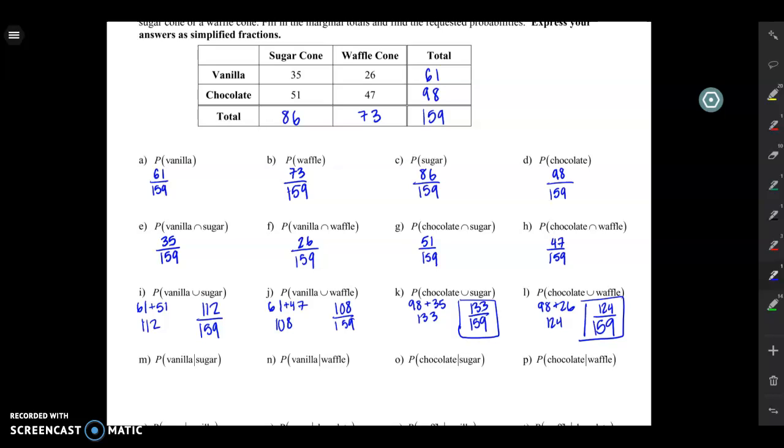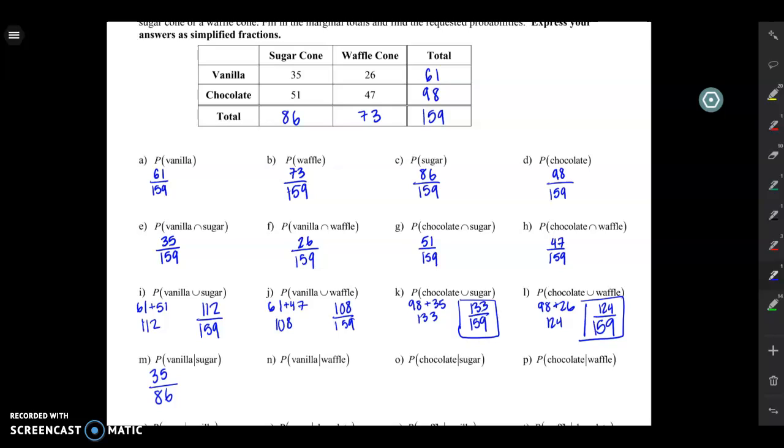So now the denominator of my fraction is no longer going to be everyone that placed an order. It's just going to be everyone that ordered a sugar cone. And of those 86 that ordered sugar cones, there were 35 that ordered vanilla ice cream. So there's 35 vanilla ice cream on sugar cone orders out of the 86 sugar cone orders.